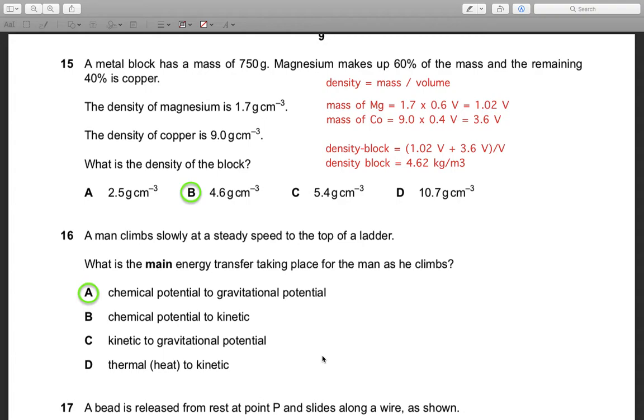As we know, density is mass divided by volume. So mass is density times volume.